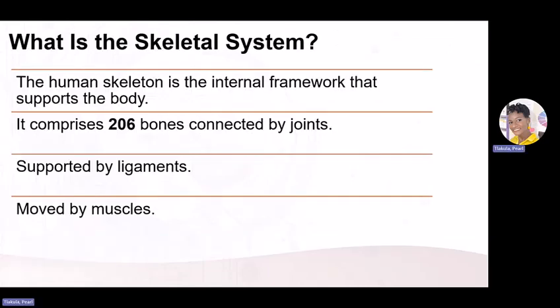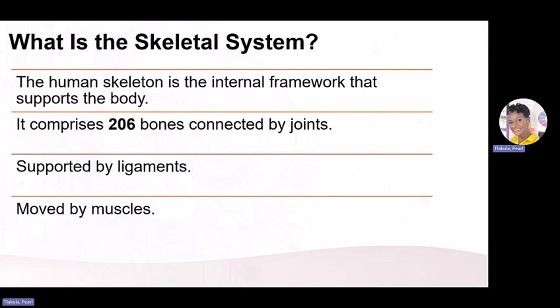What is the skeletal system? The human skeleton is the internal framework that supports the body. It comprises 206 bones connected by joints. These bones are supported by ligaments and they are moved by muscles.